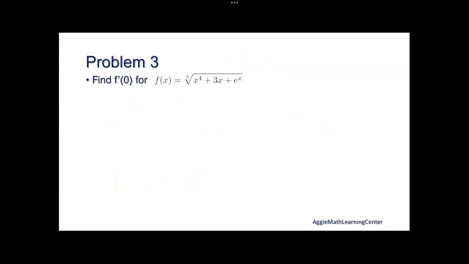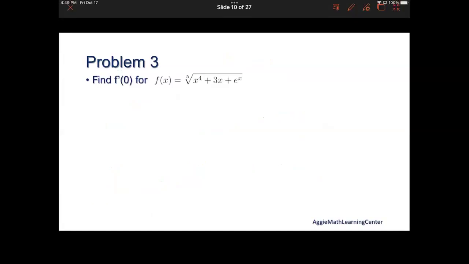Cool. Okay, so this function is a little bit trickier, because you might think that we have 3 functions in here, but we are actually only looking at one function, which is the sum of all of those.